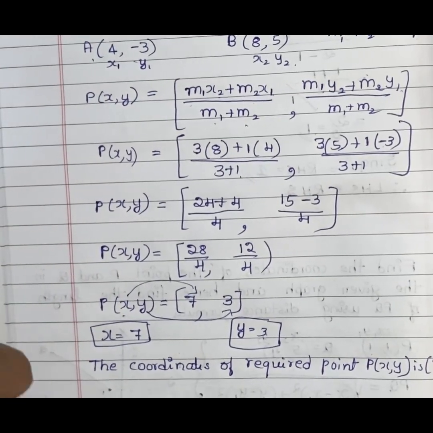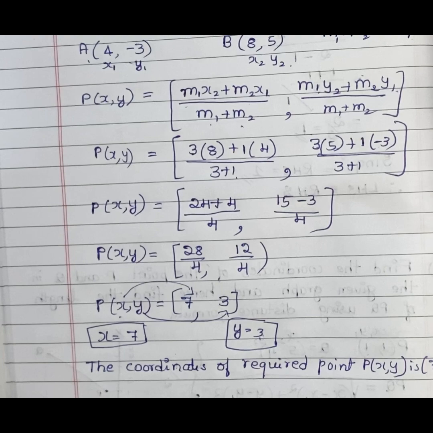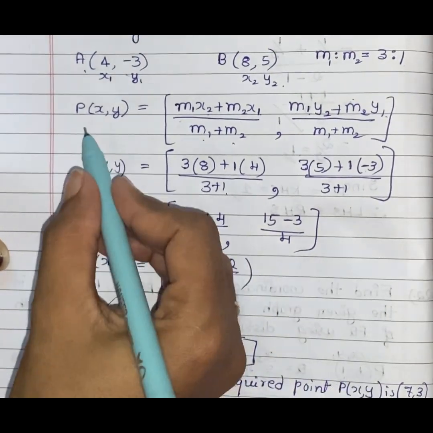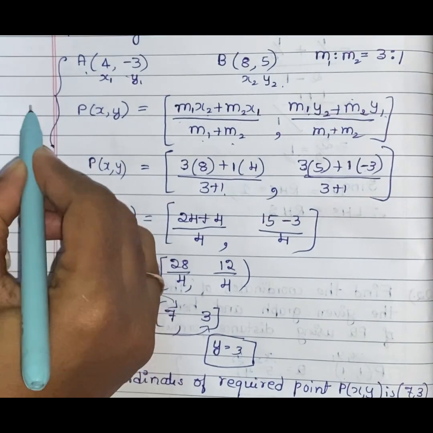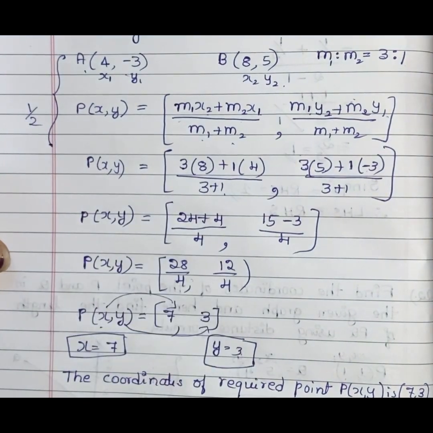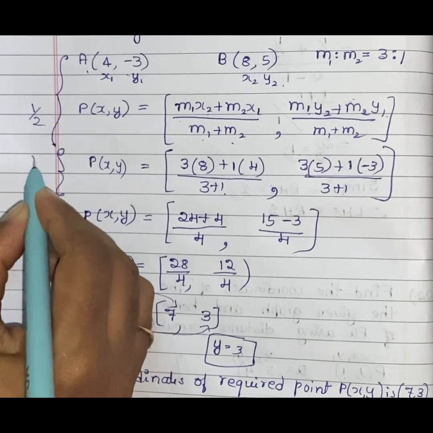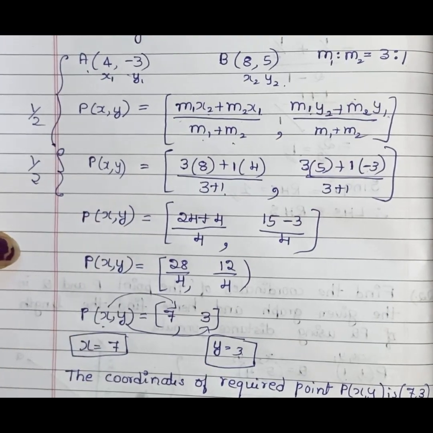So now I'll tell how the marks are distributed among this. Okay, so for the formula, it carries half marks. And substituting the given values to this formula carries half marks.